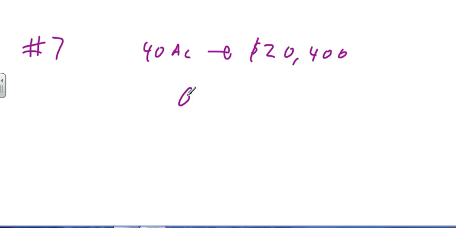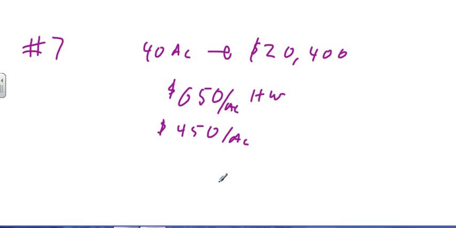So I got some land at $650 per acre. The remainder was $450 per acre. How much land did I purchase for each price?